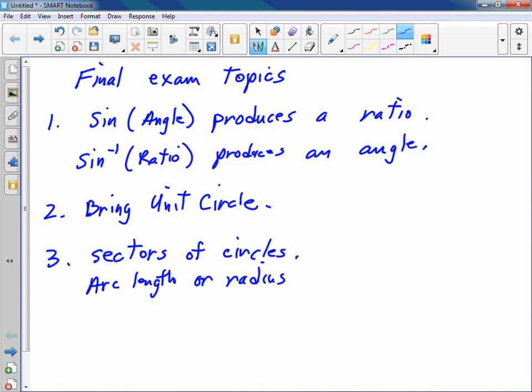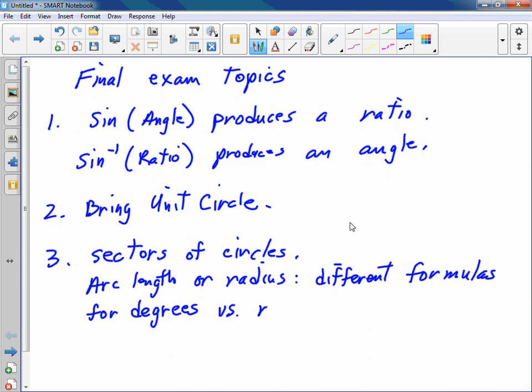It doesn't matter. But just be a little careful. Remember that there are different formulas for degrees versus radians. Be really careful there and know which mode you're in and make sure the formula matches which mode you're in.